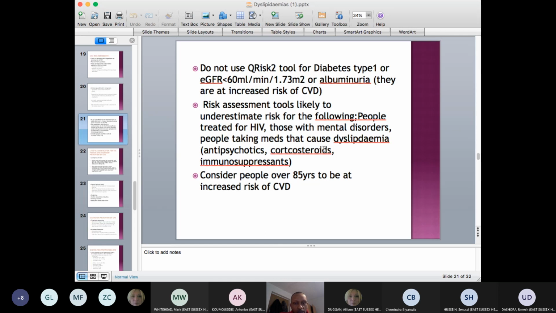People taking antipsychotics, corticosteroids, or immunosuppressants also tend to be at increased risk of cardiovascular disease. Always consider people above the age of 85 to be at increased risk, as most of these risk scores don't take them into account.